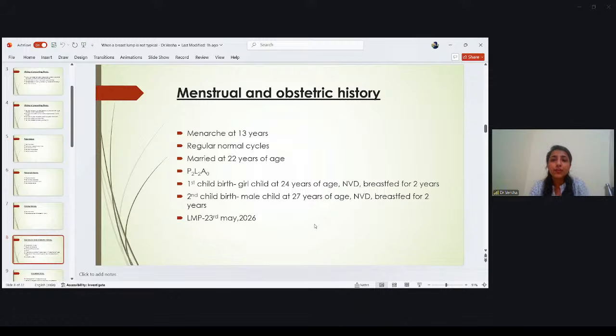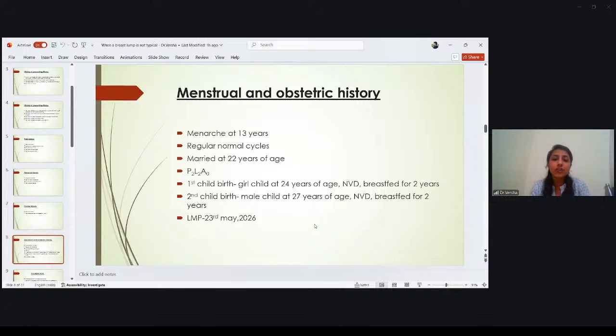Menstrual and obstetric history. The patient attained menarche at 13 years of age, and initial cycles were irregular for 2 years, after which she attained regular cycles. The cycles last 3 to 5 days, occurring at an interval of 28 to 35 days, soaking around 1 to 2 pads per day, with no excessive dysmenorrhea or excessive passage of clots. The patient got married at 22 years of age, and her obstetric formula is para 2, live issues 2, and abortion 0.